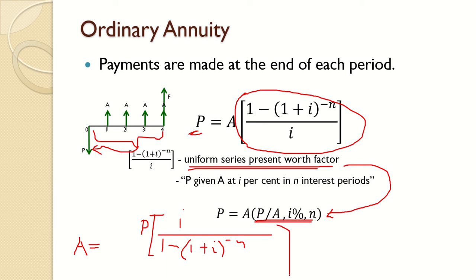So you get this equation for A. But take note that here we use I and n. However, when m is not equal to 1, when the compounding is not yearly but, for example, monthly, this exponent will change to mn, and your I will change to r over m. The same applies here. So remember that.